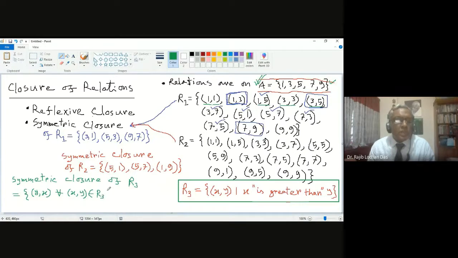So this is R3, and you can write in this way.